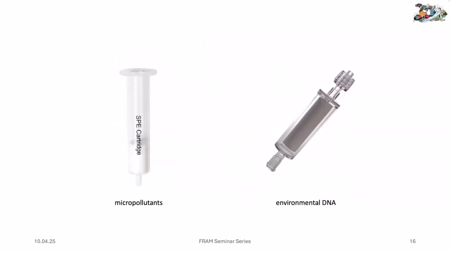In order to do that, we basically use what we call a cartridge. Very simple. So on your left hand, you can see this SPE cartridge, a specific cartridge we use in environmental chemistry, which allows us to concentrate all these micropollutants after a massive filtration, which usually lasts a couple of hours since we want to collect as much water as possible in order to have a comprehensive characterization of the micropollution profiling.